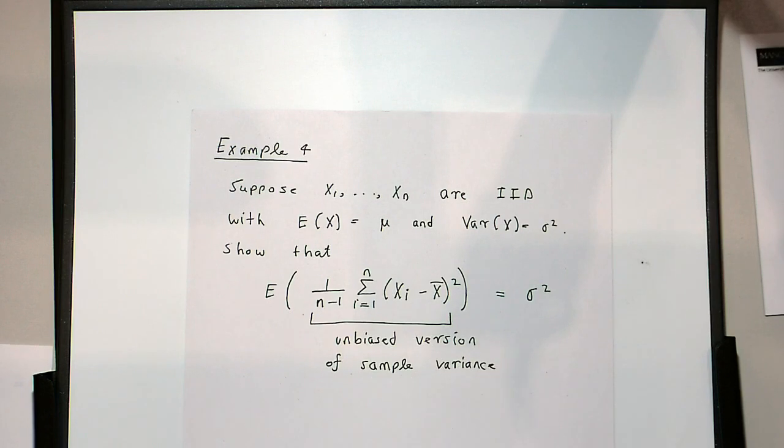The question is to show that the expected value of the unbiased version of the sample variance is equal to the population variance, right?